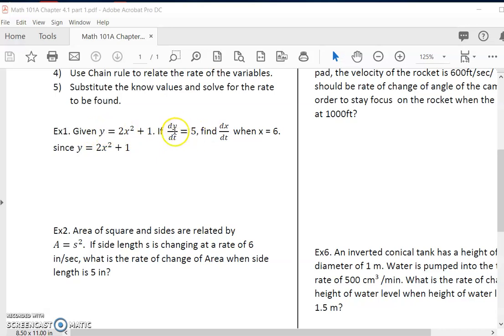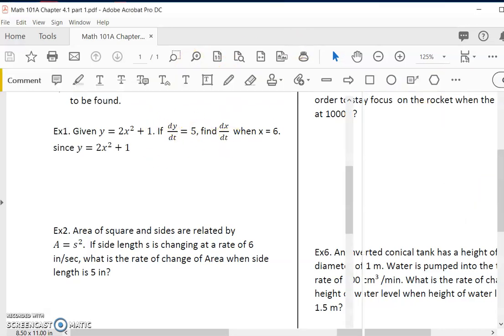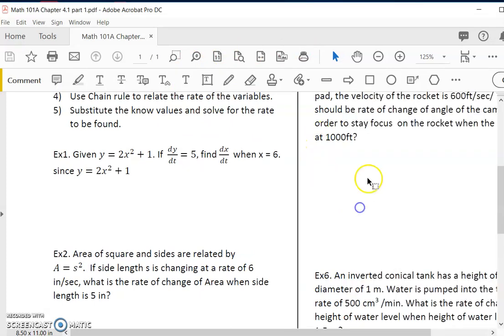That means y is changing over time at a rate of 5 per whatever time period that you want to specify. And then in this particular question, we want to find dx/dt. We want to find out how x changes over the same time period when x is 6.